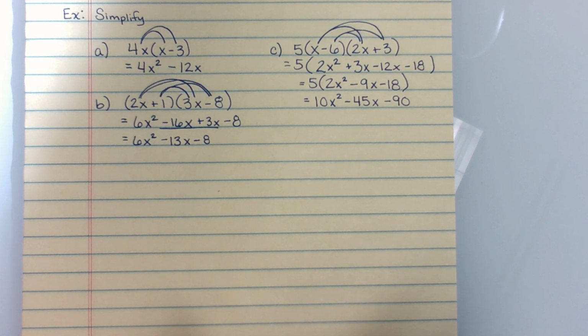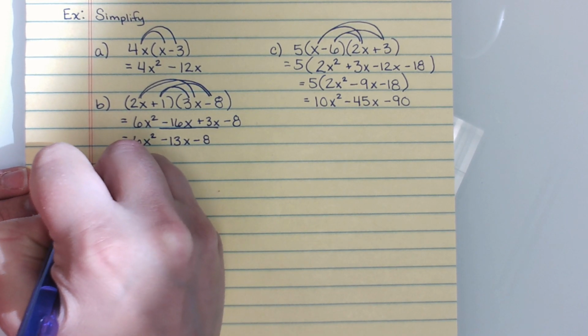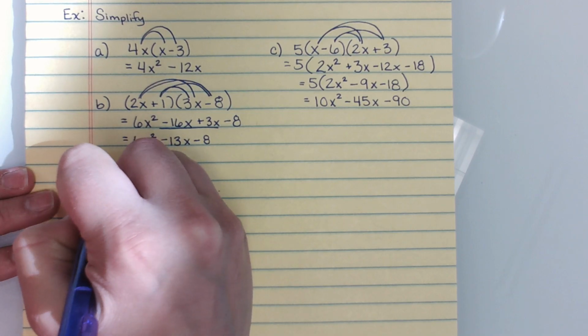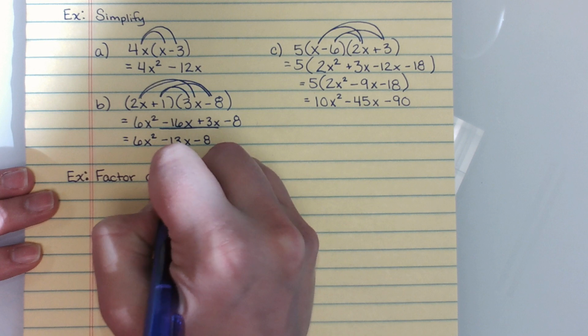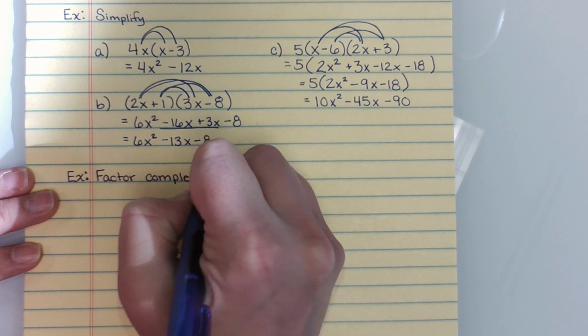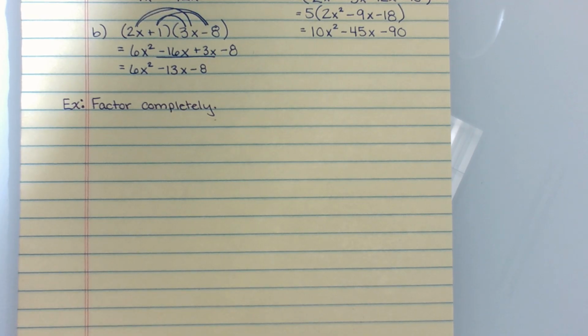Now in theory, this stuff we've done so far this semester. Now let's talk about factoring. Factoring is the exact opposite of distribution. It's undoing that multiplying through.